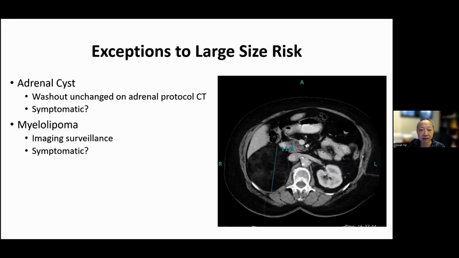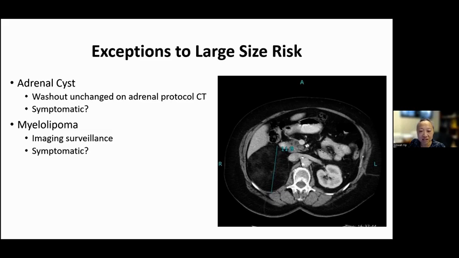In addition, a myelolipoma is also large, but is almost always benign, and these can often be followed by imaging surveillance. Now, again, you have to be very careful. There can certainly be sarcomas that can mimic myelolipomas, and so I usually do follow these just to make sure that they are stable in size.